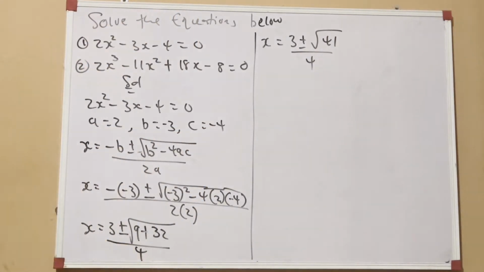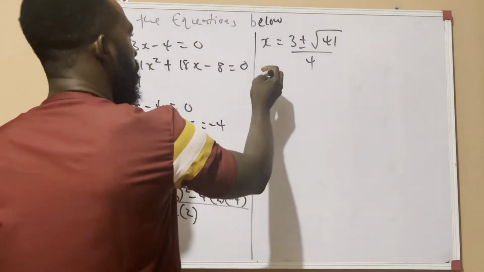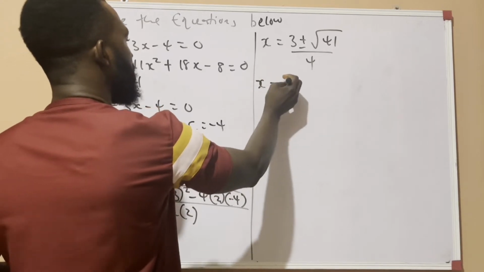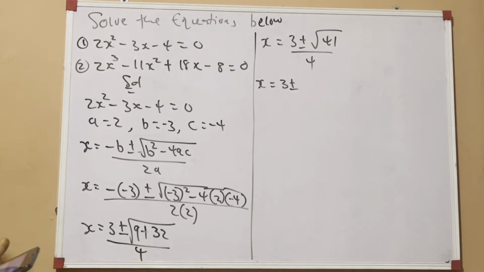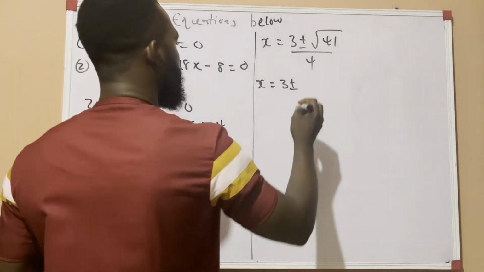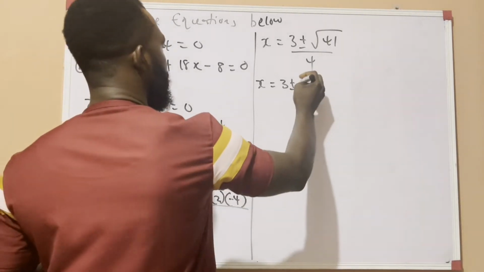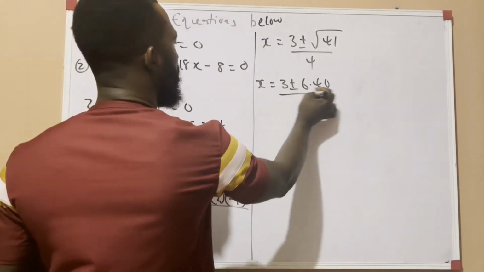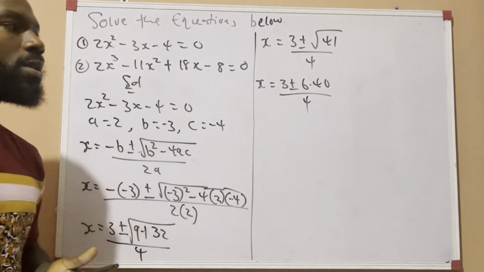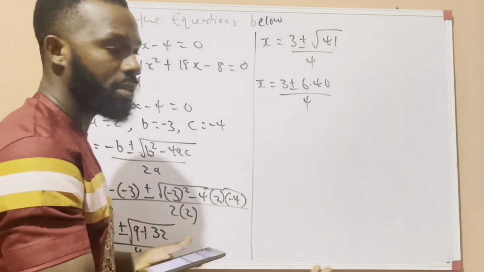Now the next thing we're going to do is to find the square root of 41. X is equal to 3 plus or minus, now, the square root of 41 gives us 6.4031. So let's just make use of 6.40, over 4. Now, let us split.